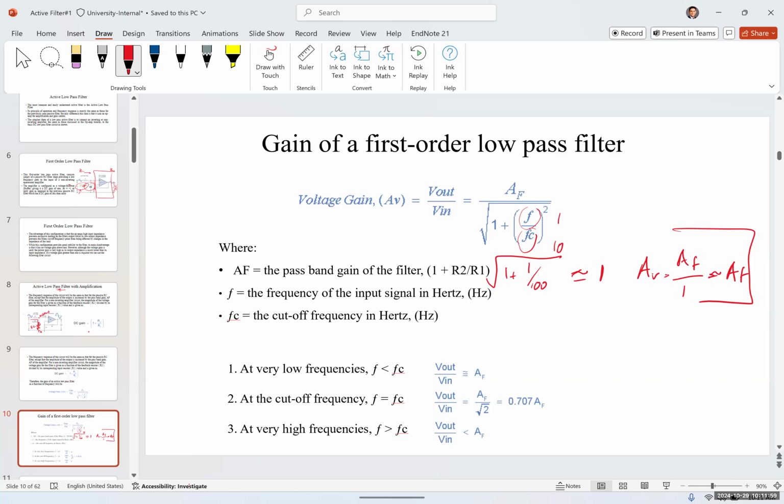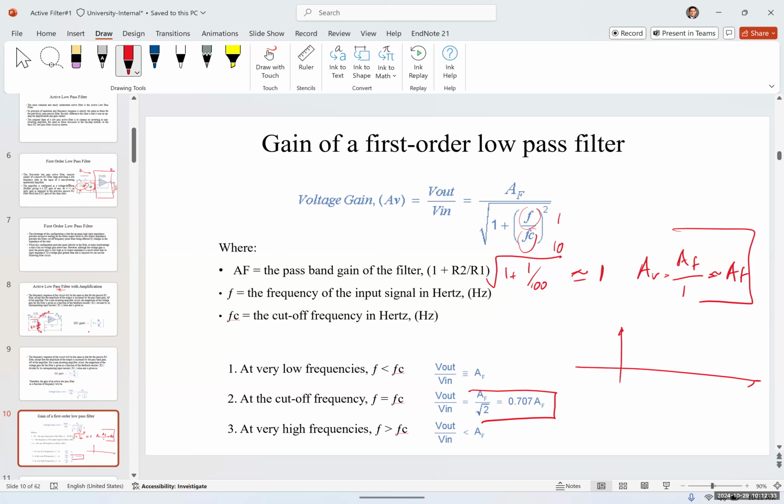At the cutoff frequency, when F is equal to FC, again imagine F is 100 and FC is 100. So you're going to have 100 over 100, which is 1. 1 plus 1 is 2, and the square root of 2 is about 1.414. AF over square root of 2 gives us exactly the 3 dB point, or the cutoff frequency, which is 0.707 of AF.